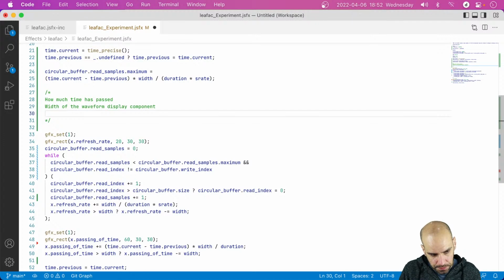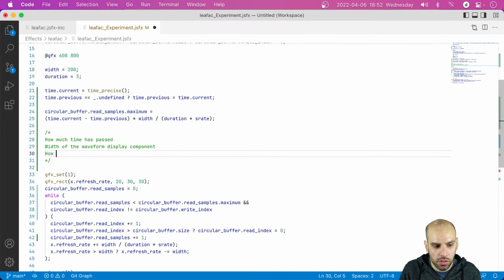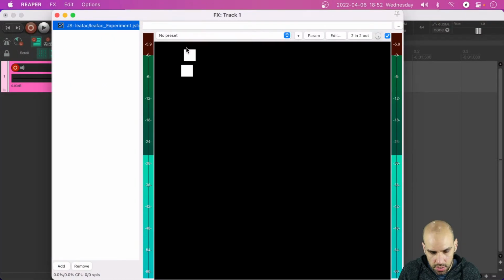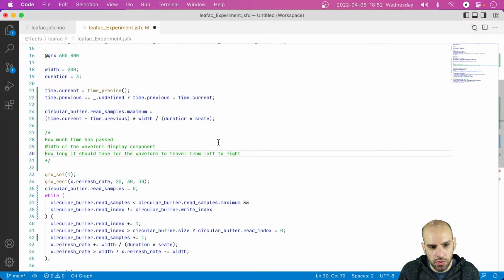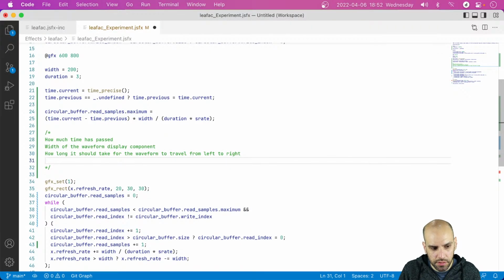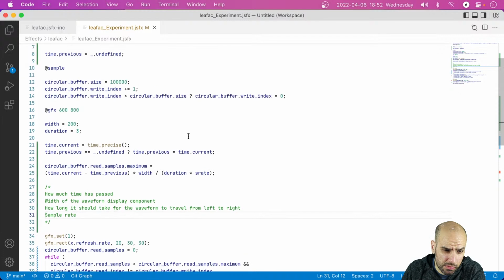Then we have how long it should take for the waveform to travel from left to right. And the waveform in this case is just the square, how long it takes for the square to go from left to right. We also have the sample rate. And I think that should be enough.